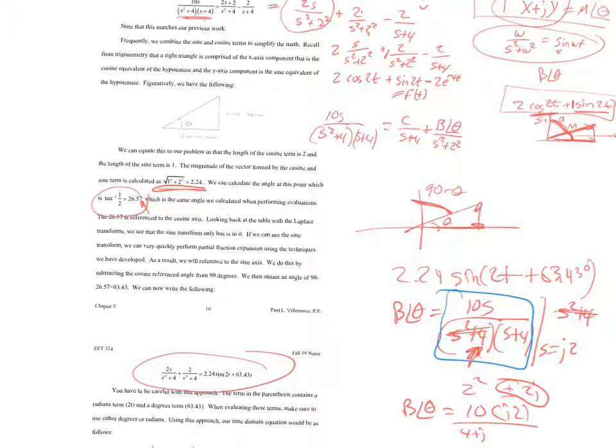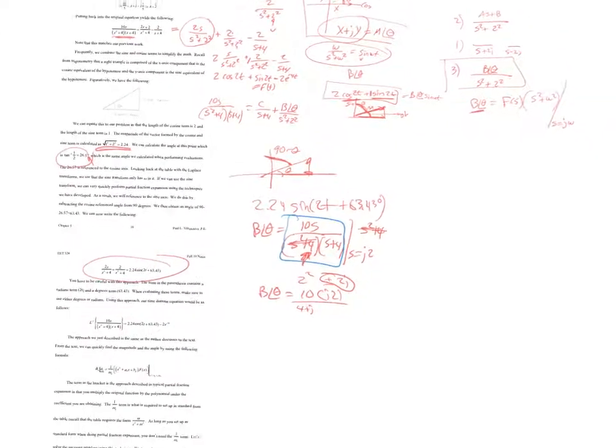Anybody have a handy dandy calculator out? Can you help me out? It's going to be equal to, let's write that again, 20j over 4 plus 2j.